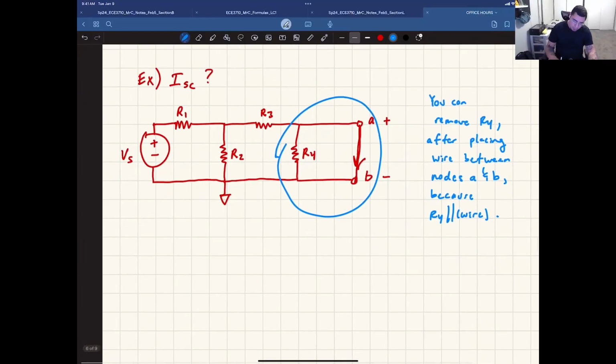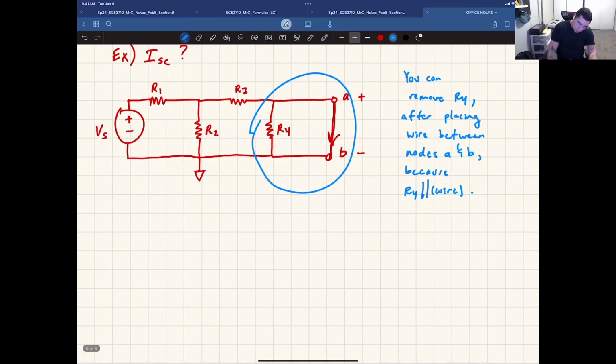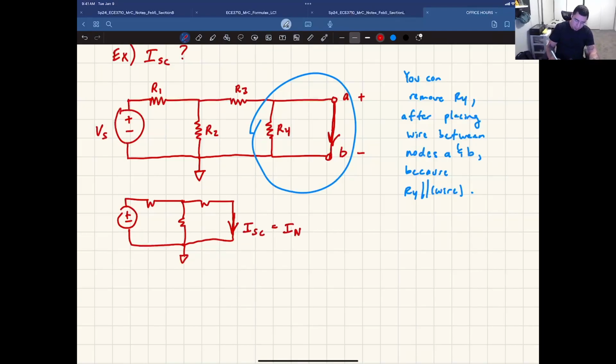So how do I redraw my circuit? You would have the voltage source, the resistor, ground, this resistor, and only the wire. And this current going through this wire is your ISC, which is also equal to IN.